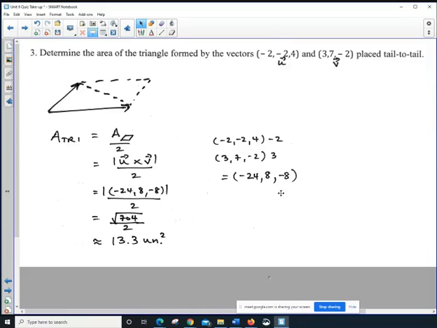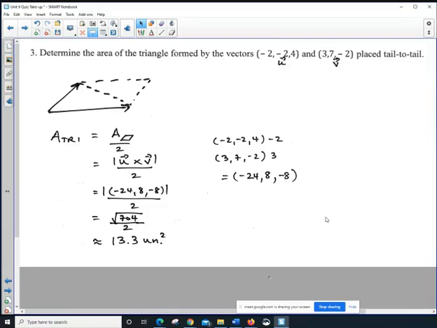All right. So once I have that, I can find the magnitude, and in this case here, determine the area of the triangle. Okay, either in exact form or as an approximation. All right, any questions related to this one here?